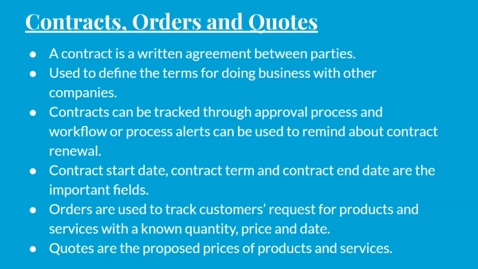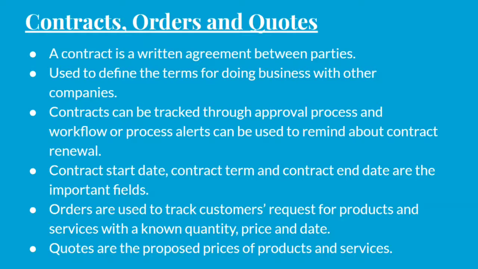Contracts can be tracked through an approval process, and workflow or process alerts can be used to remind about contract renewal. So you can track the process, and it should get approved, ideally by one of the teams in your organization. Once the contract is built, it should get approved, so you can use the approval process for that purpose.